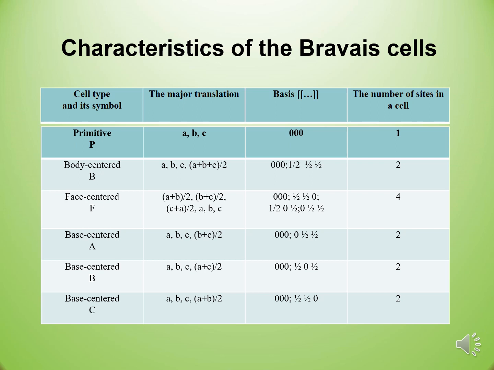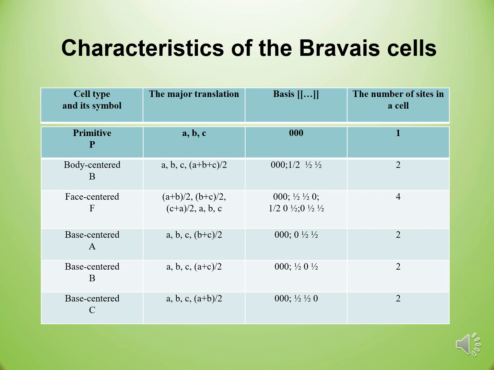For example, face-centered, symbol F. The major translations: A plus B over 2, B plus C over 2, C plus A over 2, and of course A, B, C. The translational group or basis: 0, 0, 0, and 1/2, 1/2, 0; 0, 1/2, 1/2; and 1/2, 0, 1/2.